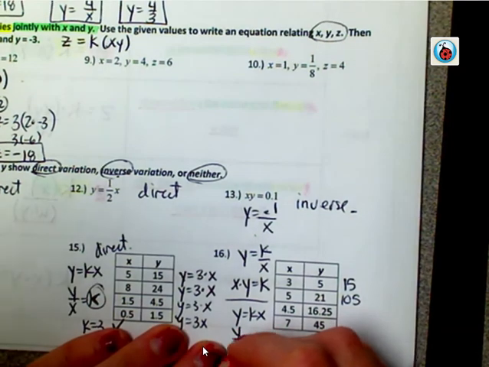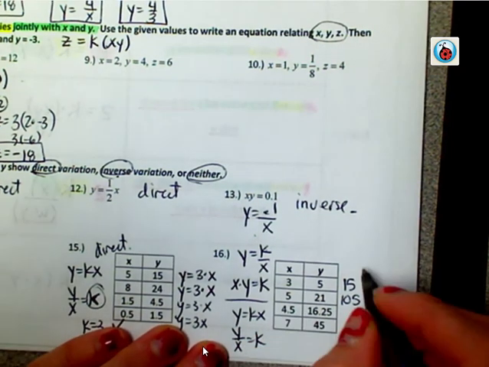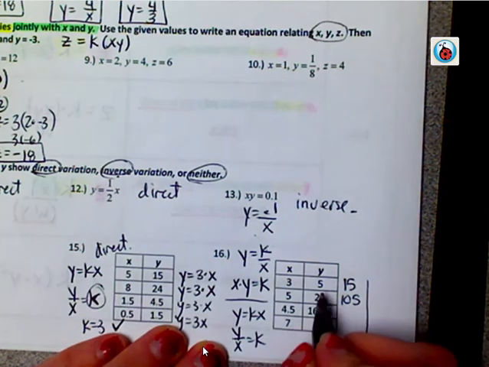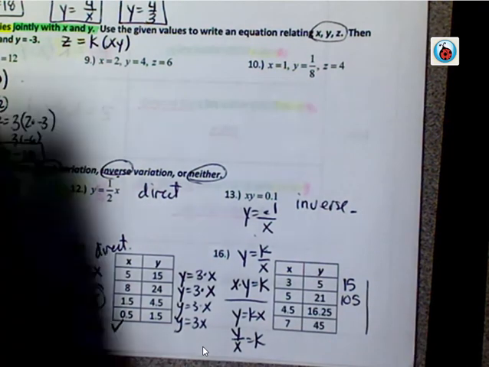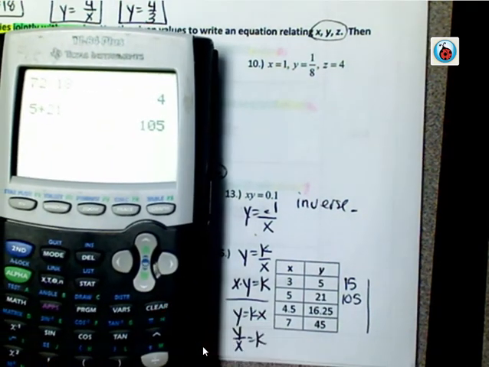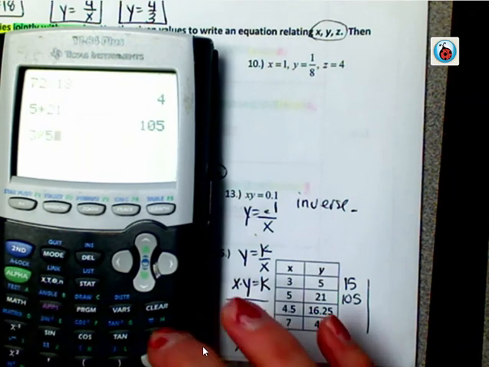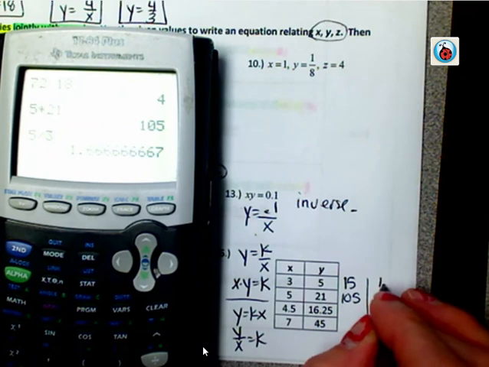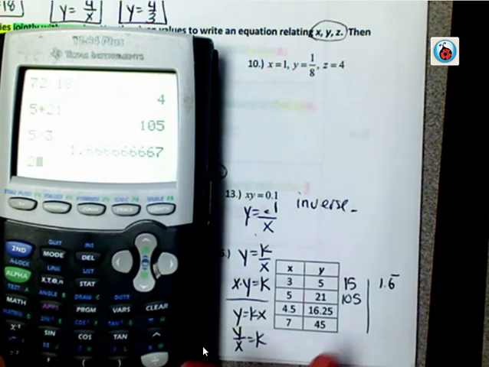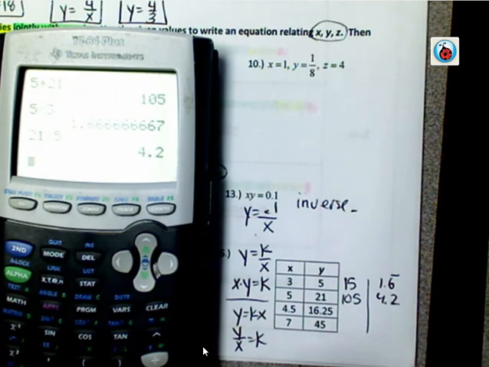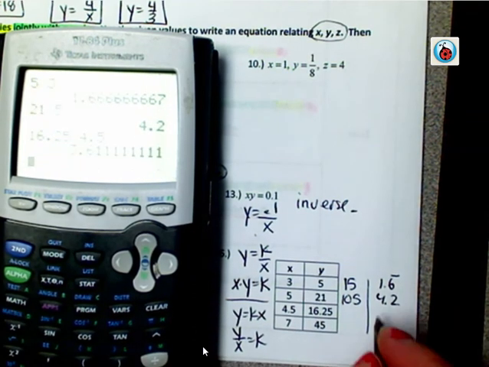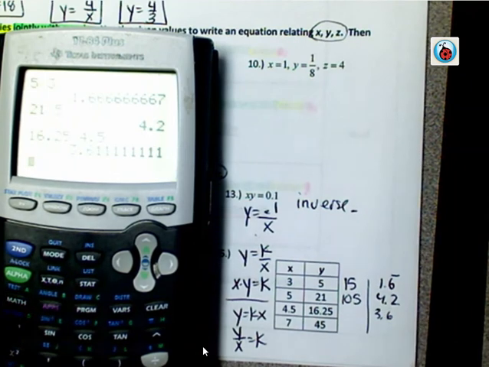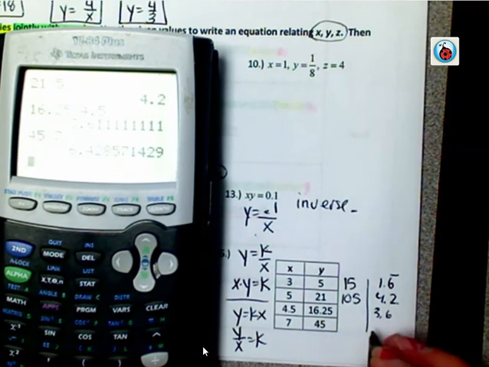So I'm going to rewrite this, and I'm going to check dividing these two numbers. So 3 divided by 5. 3 divided by, backwards. 5 divided by 3, 1.6. Let's try 21 divided by 5, 4.2. 3.6, 45 divided by 7.